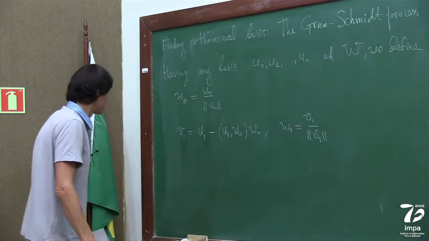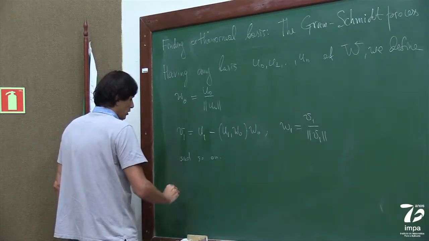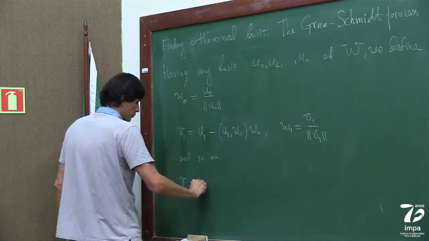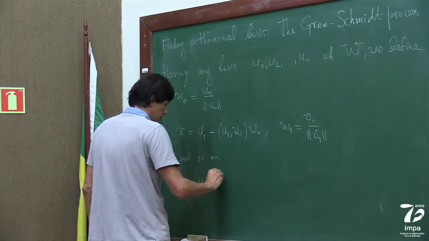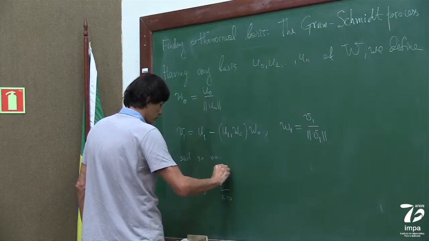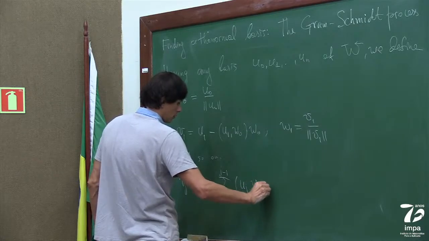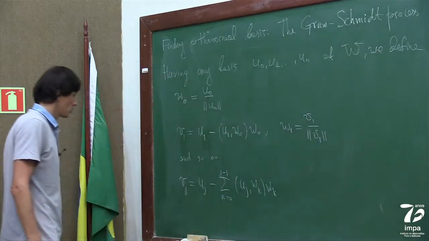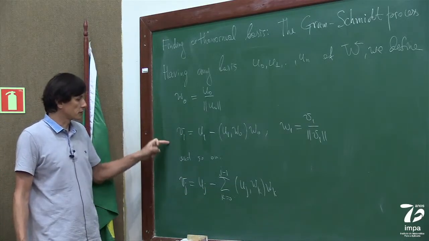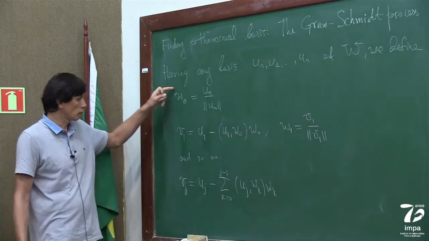Okay, and so on. So the general formula will be that Vj is Uj minus the sum over k from 0 to j minus 1 of the scalar product of Uj with Wk, times Wk. So you subtract all components which are parallel to the previous vectors such that the result is orthogonal to all of them.